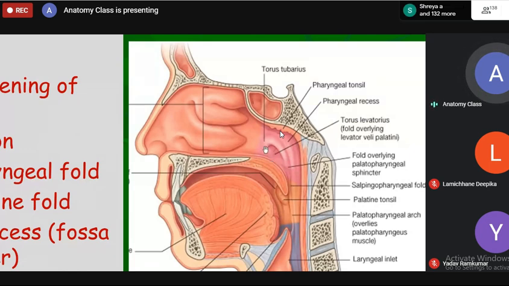The salpingopharyngeal fold is formed because beneath it we have the salpingopharyngeal muscle, covered by mucous membrane, which forms the fold. Similarly, the salpingopalatine muscle covered by the mucous membrane forms the salpingopalatine fold. Is it okay?